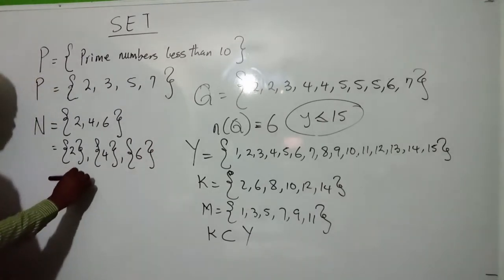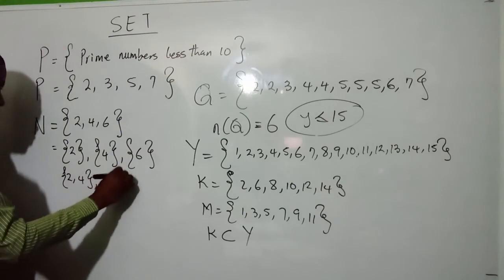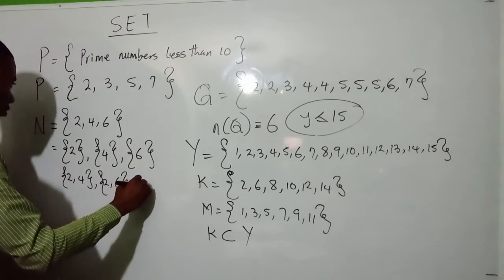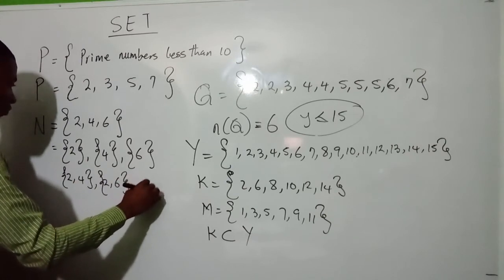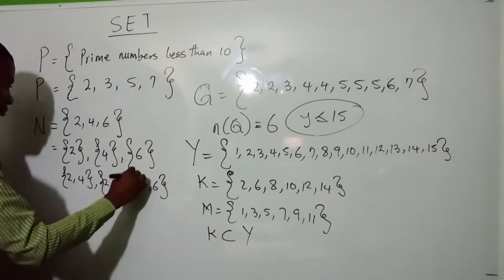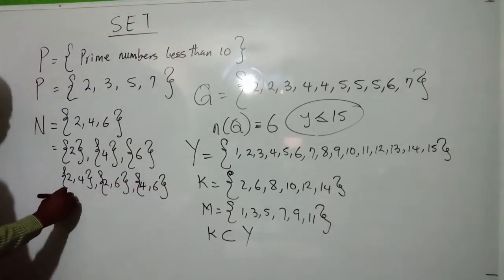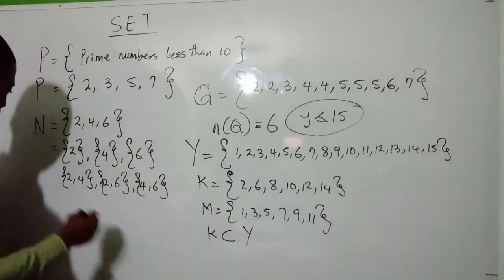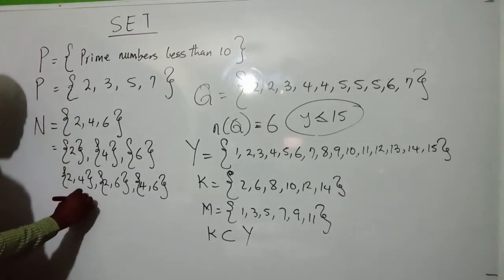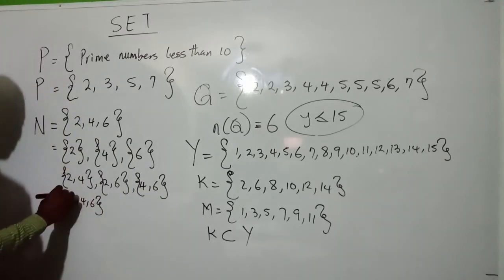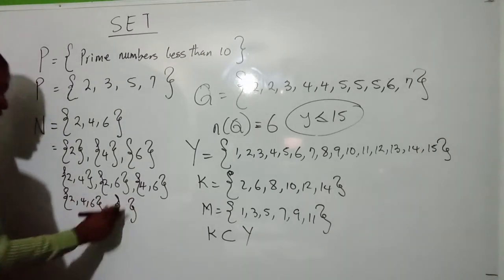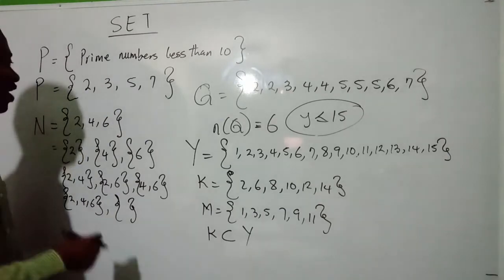We have 2, 4; 2, 6; 4, 6. Then we have the set itself, because every set is a subset of itself: 2, 4, 6. And then an empty set is always a subset of every set too.